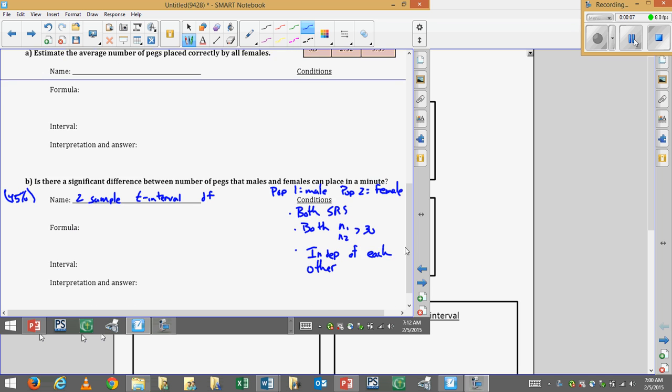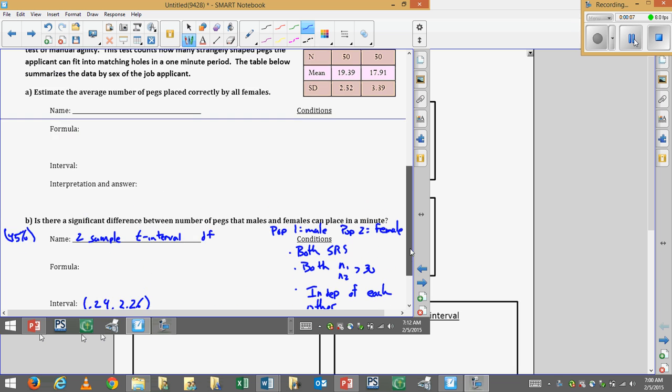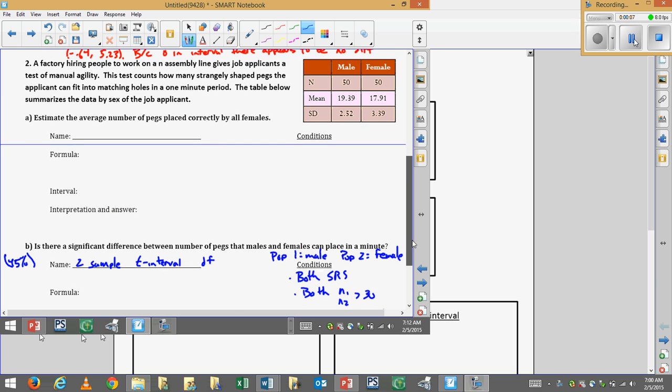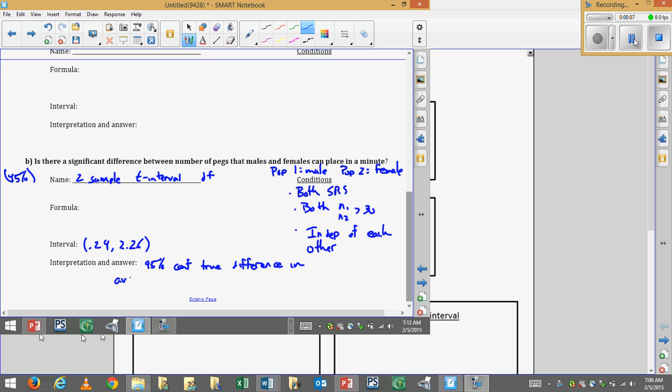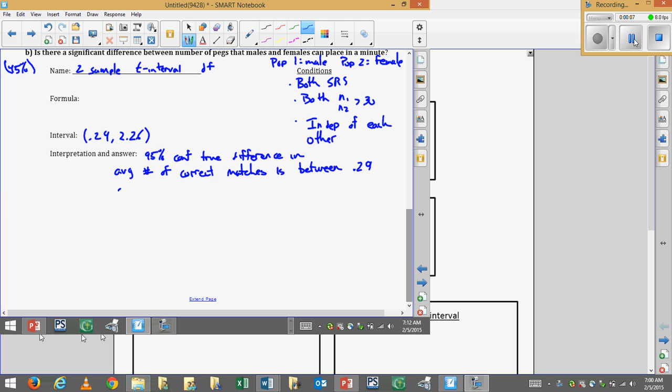So my interval here, 0.29 up to 2.67. So 95% confident the true difference in average number of correct matches is between 0.29 and 2.67, because the entire interval is positive.